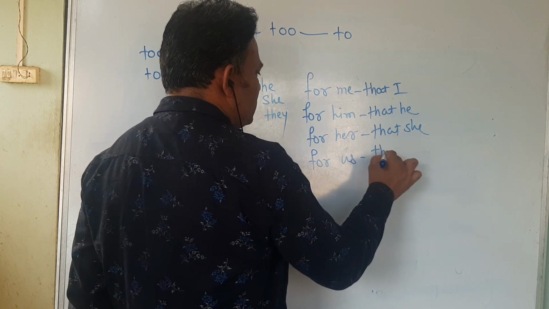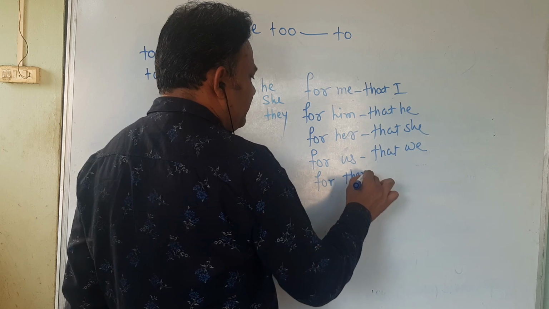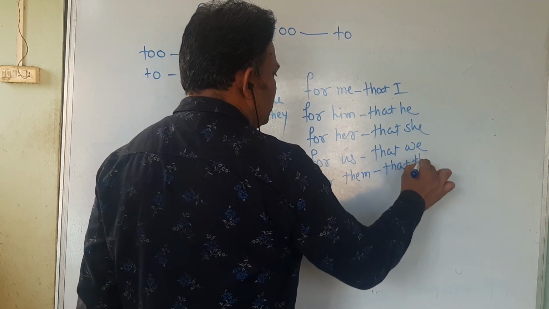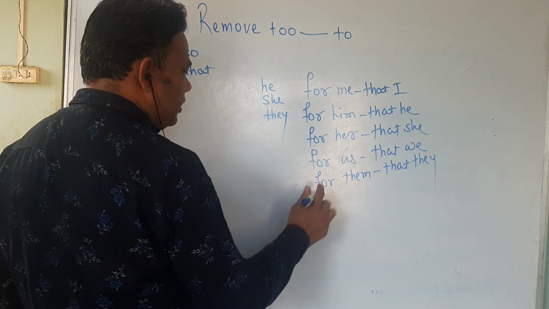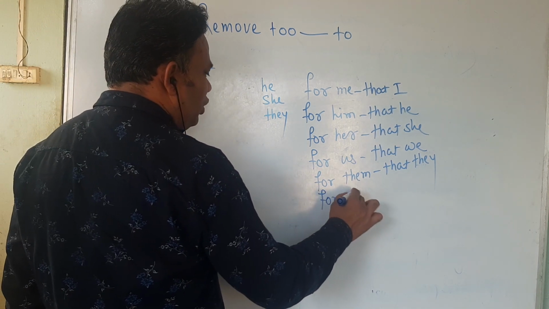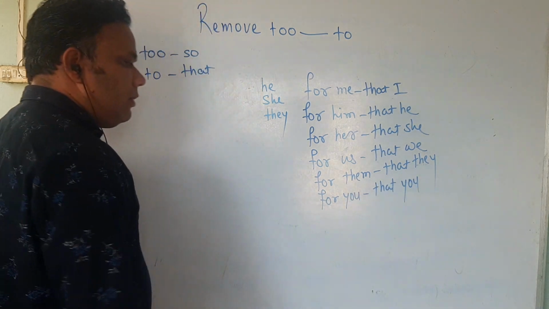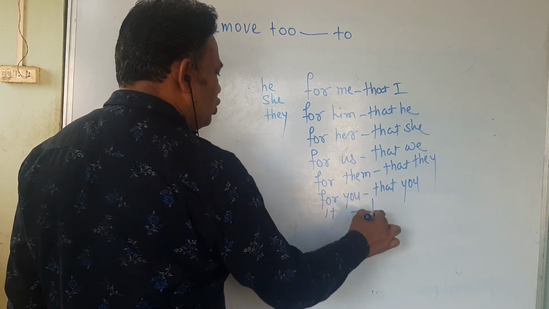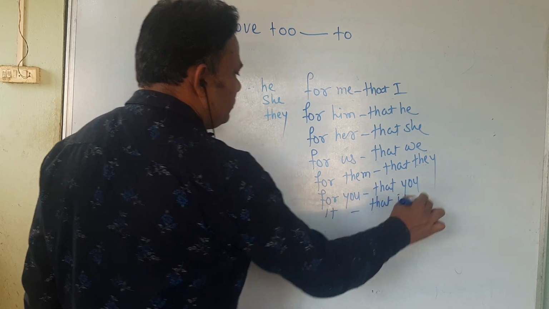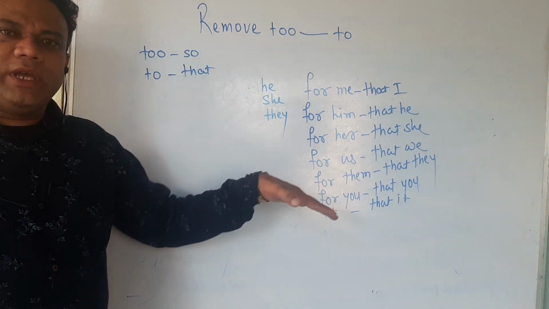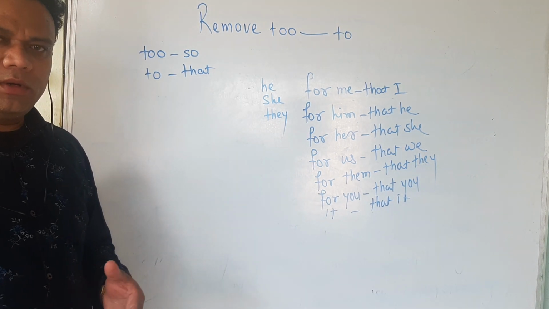"For us", "that we". "For them", "that they". If "for you" is there, it remains the same. If "for it" is there, then also it will remain the same: "that it".